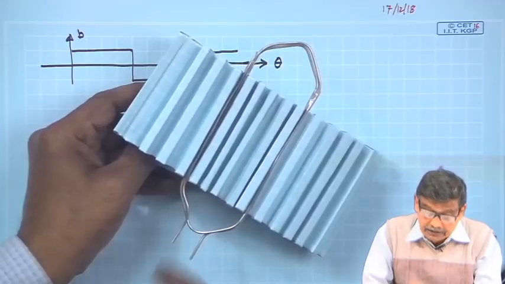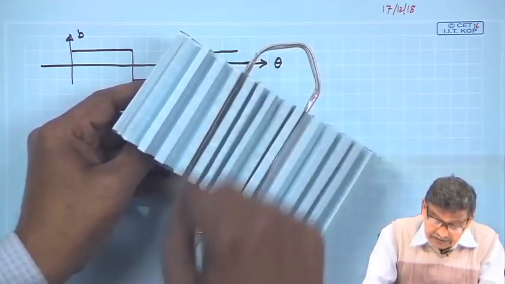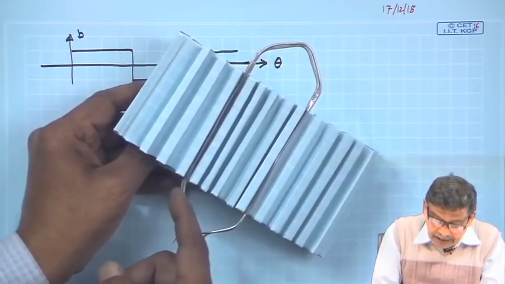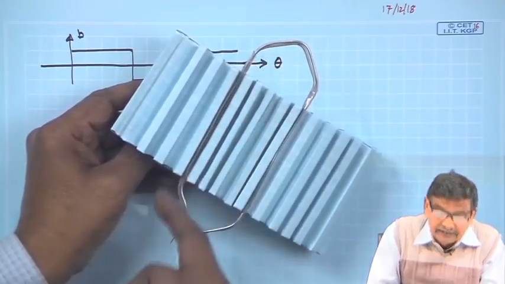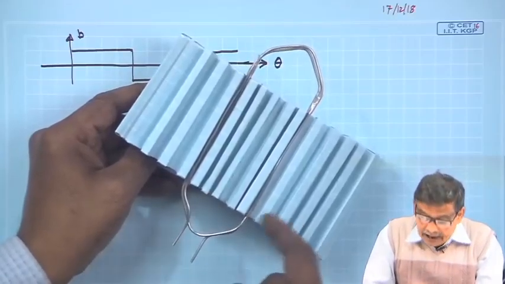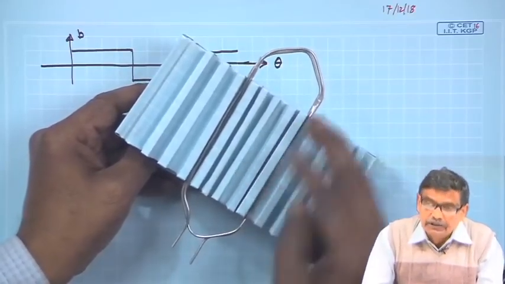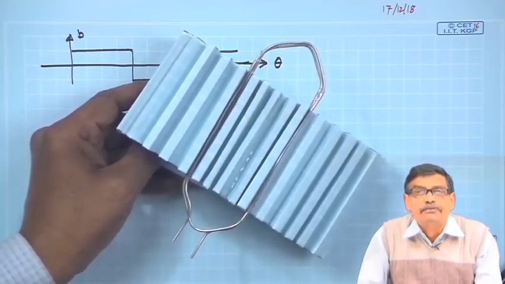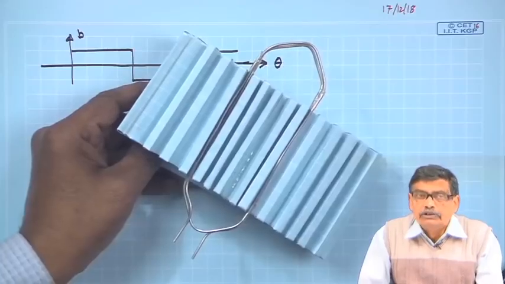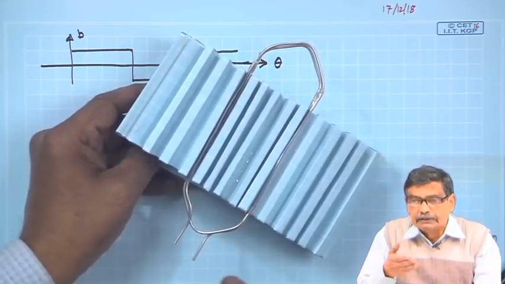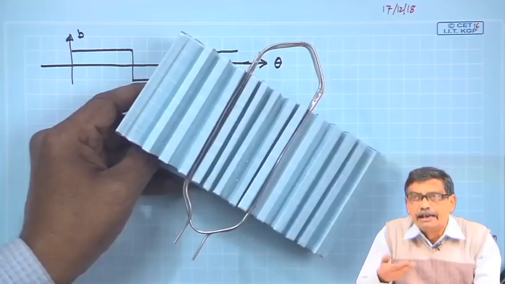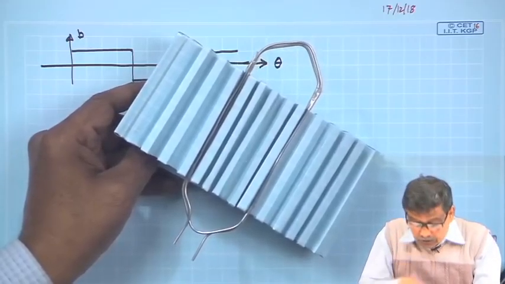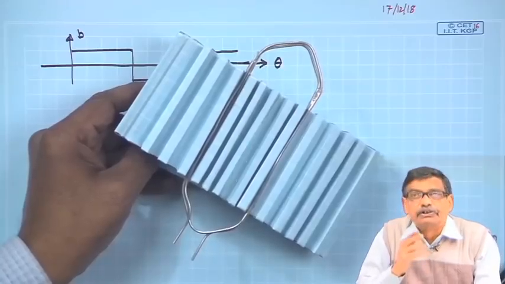And if it is a multi-turn coil having n turns, you make n loops and then two terminals, the total EMF on this side will be nBLV, and this will also be nBLV with opposite polarity, so that they add up and give you a 2nBLV voltage. Now, this B, if its magnitude is varying in space, in whichever way it varies, the induced voltage will have the same shape.